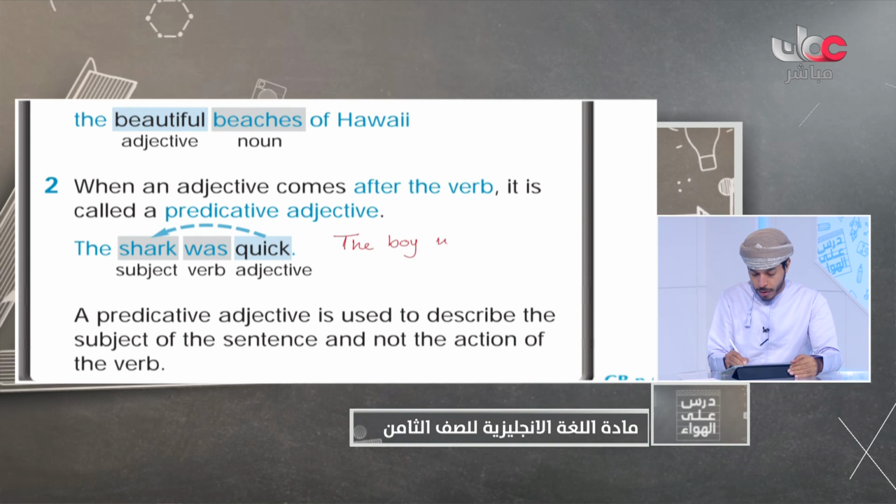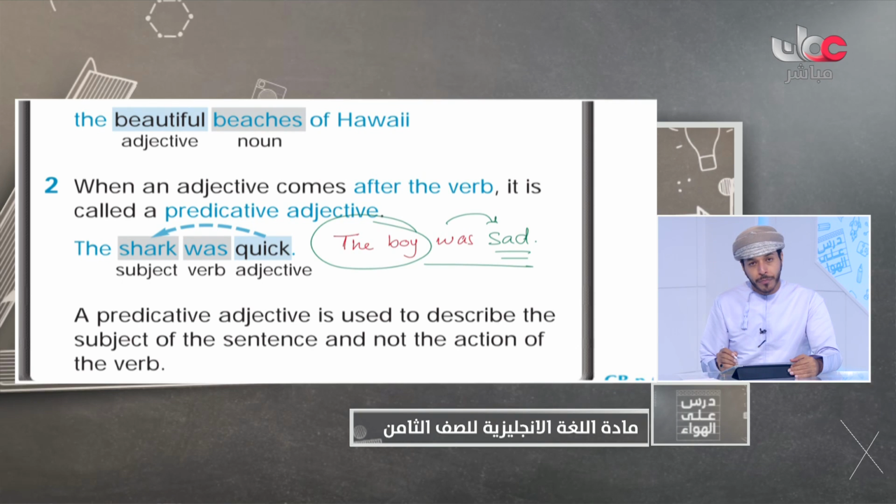The boy was sad. Good. So this is the adjective, but is it attributive or predictive? Of course, it is predictive. Why? Because it comes after the verb. But it still describes what? It describes the boy.